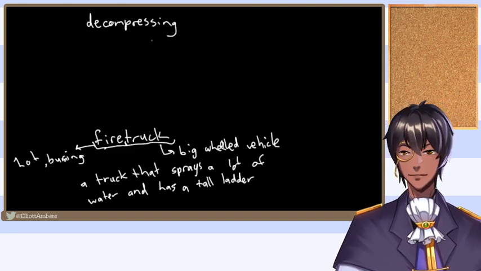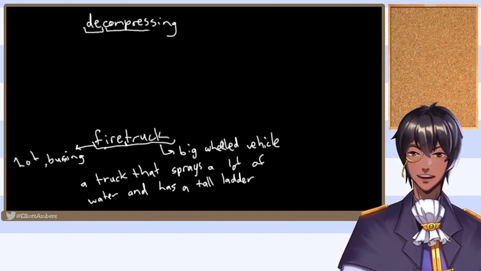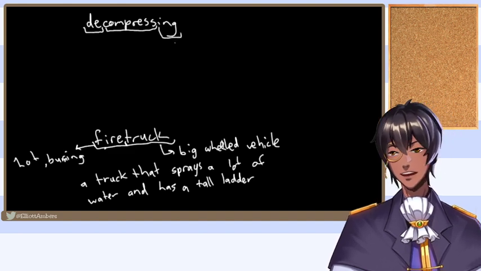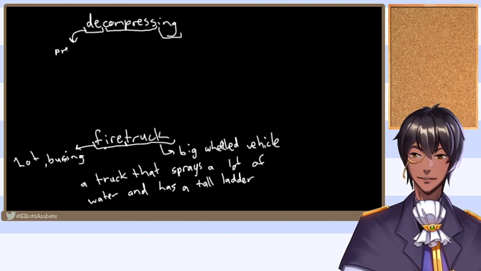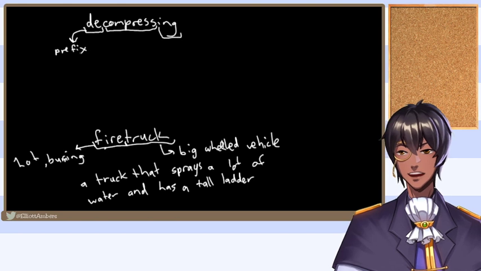A word like decompressing is split into three parts. We have our prefix, D, compress is our base word, and ing, that's our suffix. D is the prefix, and it's negating, or it's the opposite.